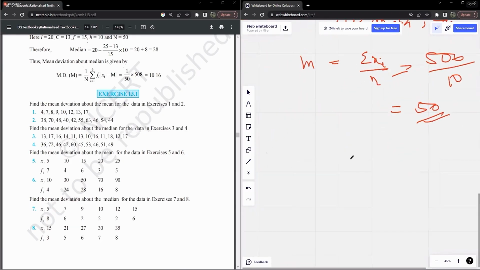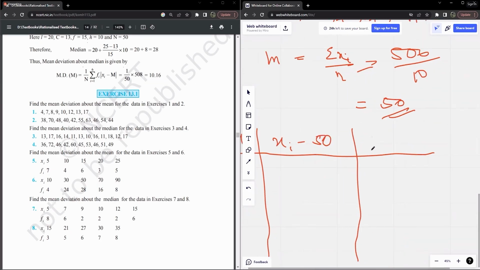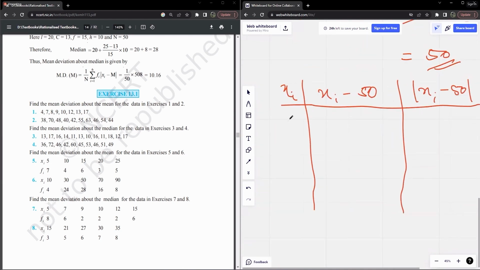So now again, drawing the table, this is xi. Then this is xi minus 50, or xi minus small m. And this is modulus xi minus 50.